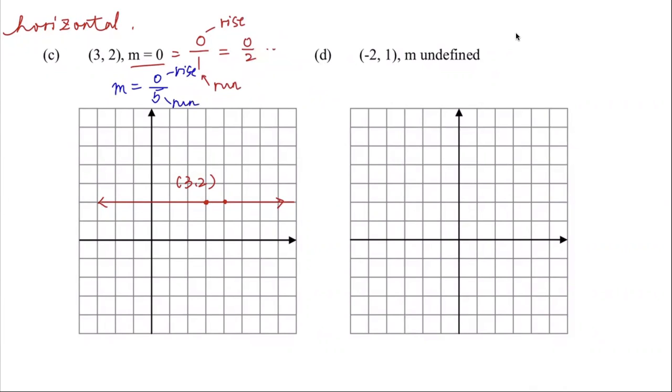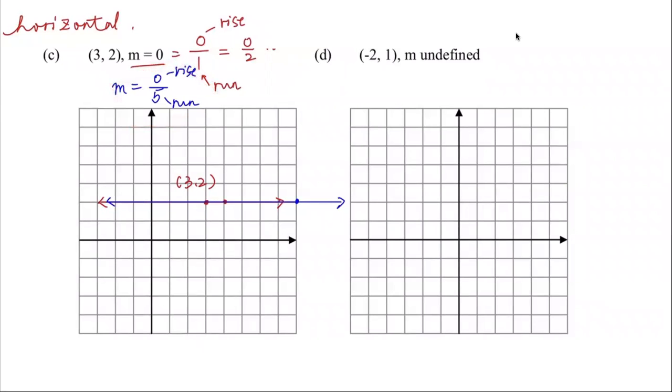Rise is still 0, so there's no movement vertically, and run is equal to 5. So we go 1, 2, 3, 4, 5. So the second point is over here. Now we join these two points, and we see that it gives us the same straight line, even if we used a different representation of this slope.